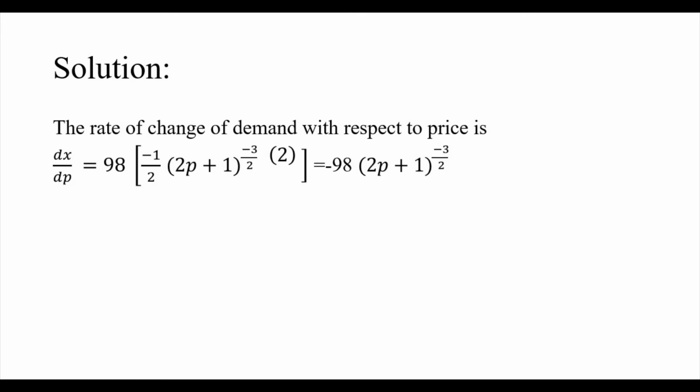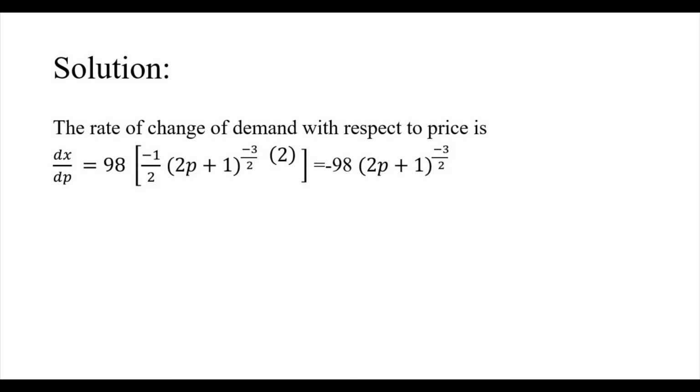To find the derivative of the function given, you're going to use the chain rule in this case. First of all, we're going to take 98 outside because it is a constant, so we're going to leave it outside. Then you're going to bring the power of the parentheses, or the exponent of the parentheses, down, which is negative 1/2, and subtract 1 from the exponent.